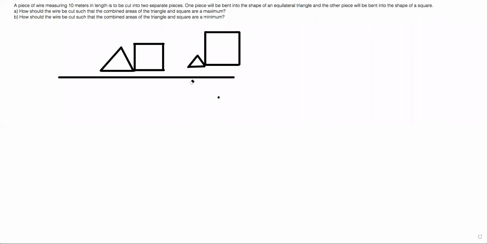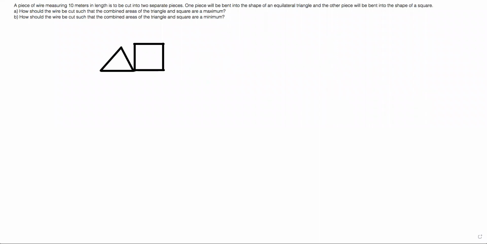That's the nature of all optimization problems: we can always vary the parameters a little bit to get different outcomes. We can make the triangle smaller, we can make the square smaller. We're interested in finding minimums and maximums. We're not sure yet which configurations would produce a minimum and which a maximum, so we're going to use some calculus to help us get to that conclusion. So let's get started.